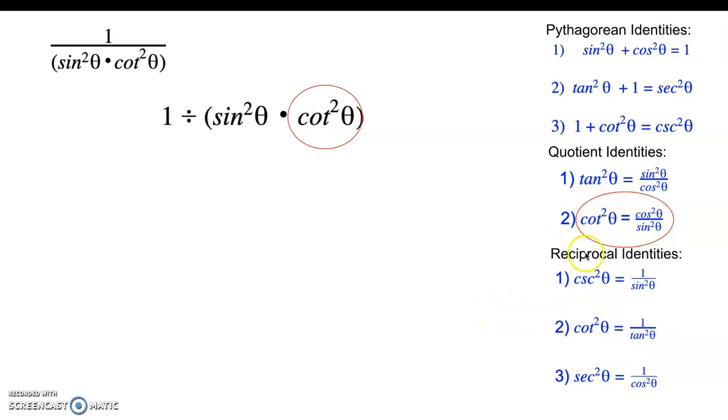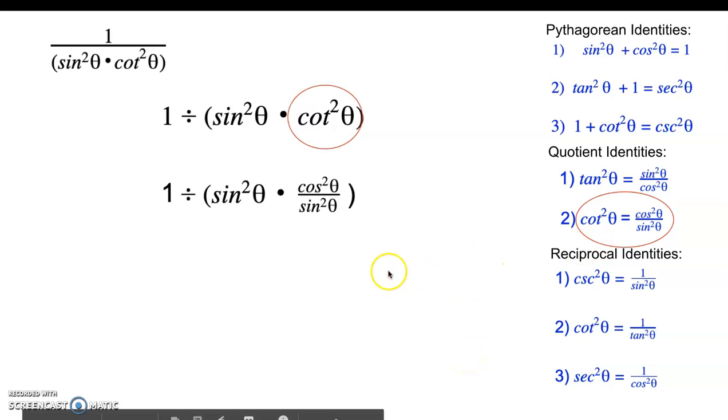So choosing this quotient identity would make things easier for us. As you can see, we have sine squared theta times cos squared theta divided by sine squared theta. We substituted cos squared theta divided by sine squared theta into cotangent squared theta, and so we have this now.